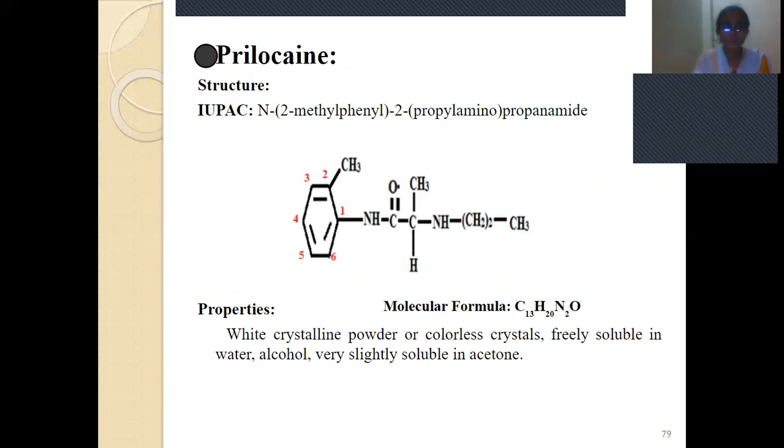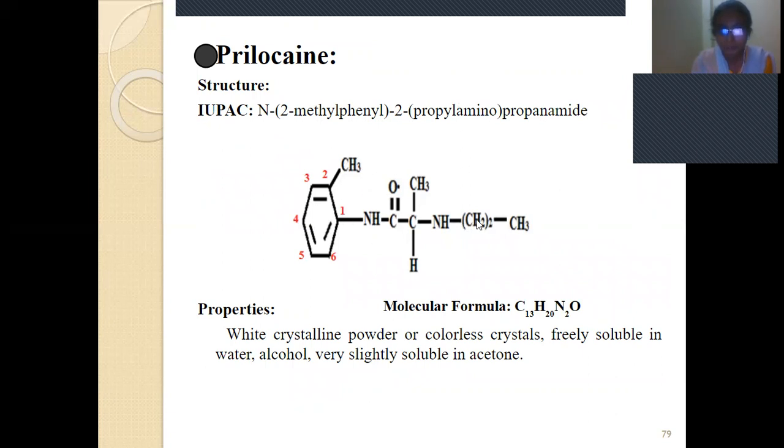Next, prilocaine. This is the structure, and this is the IUPAC name: 2-methylphenyl 2-propylamino propionamide. Here this is the phenyl, and in the second position a methyl group is there.